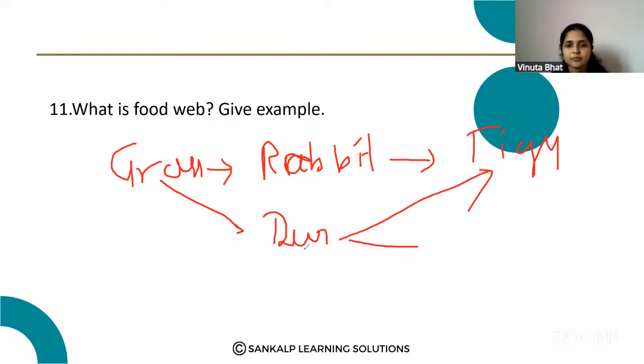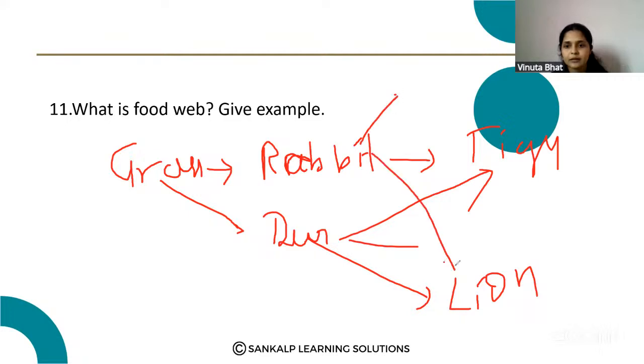Then this deer is again consumed by the lion. Like this the rabbit is also consumed by the lion. So there is one organism which is consumed by one or more organisms. So that constitutes the food web. Okay, so there is no simple food chain here. There is an interconnected food chain. In simple words, the interconnected food chain is called a food web. Okay, give an example for this food web.